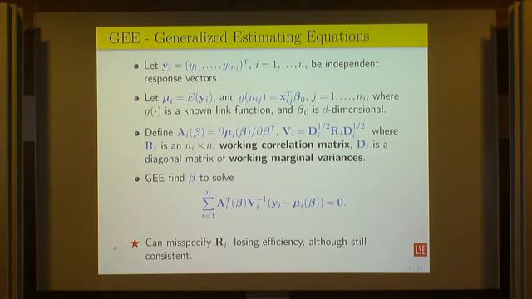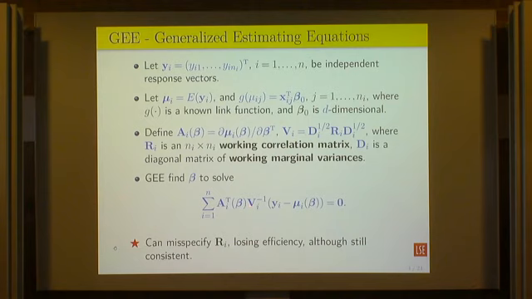We specify some working correlation matrix. We just hope that this specification is close enough to the truth. So that's the generalized estimating equation, and this is one big component that we need to specify. If we can specify this, let's say this is Vi, the correlation within each group, then we can weight appropriately and set up an equation like this.